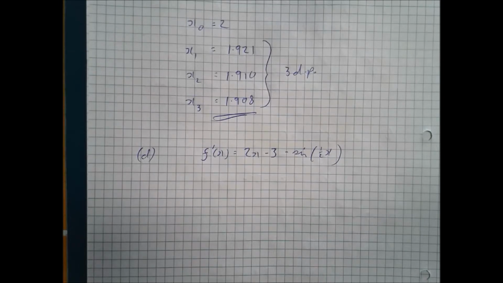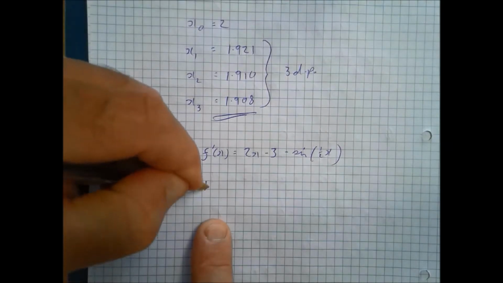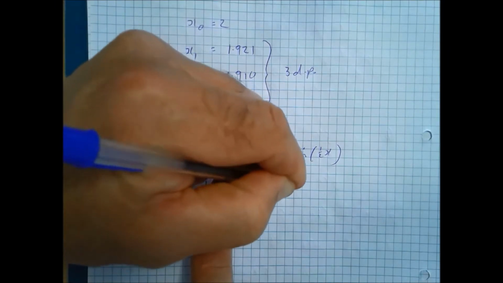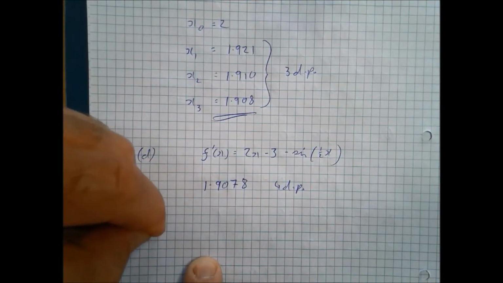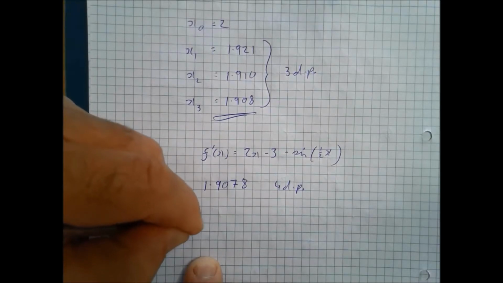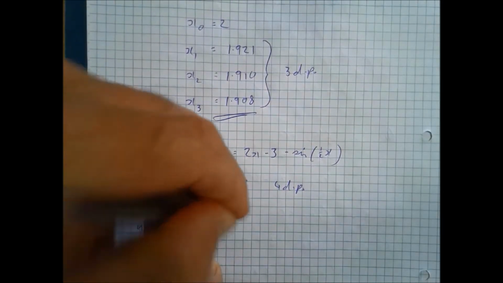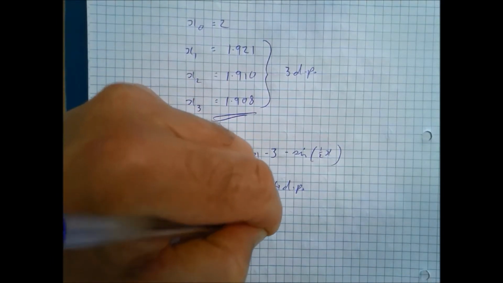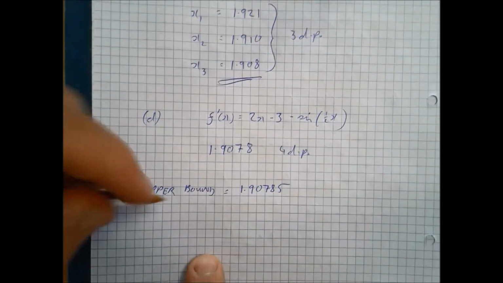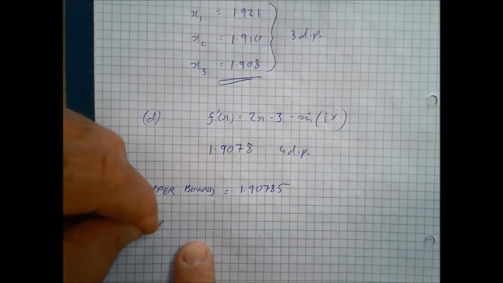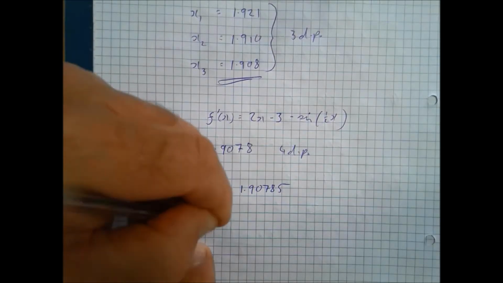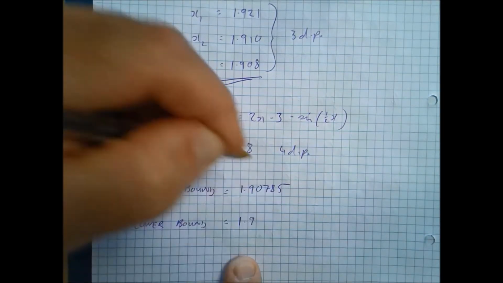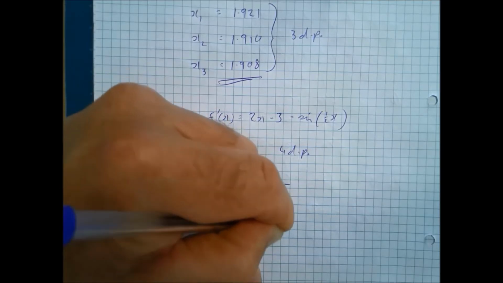Okay, now it's asking us for 1.9078 to 4 dp, so upper equals 1.90785, and the lower bound equals 1.90775.